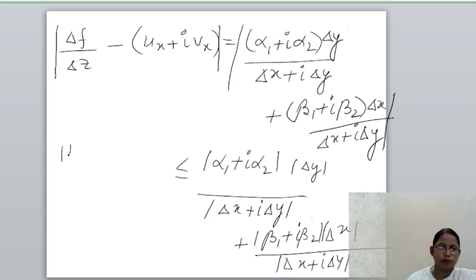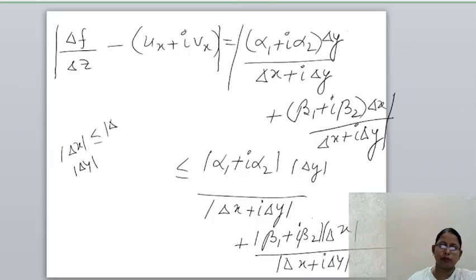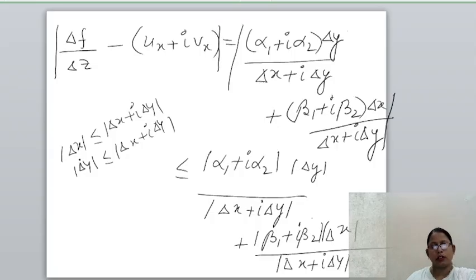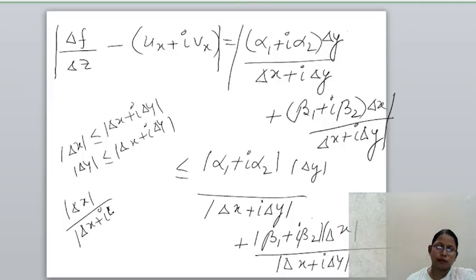Since |Δx| and |Δy| are less than or equal to |Δx + iΔy|: the modulus of this, that is, the modulus of this square, will be the square root of Δx² + Δy², which is always greater than or equal to |Δx|. So |Δx| divided by this is always less than or equal to 1.